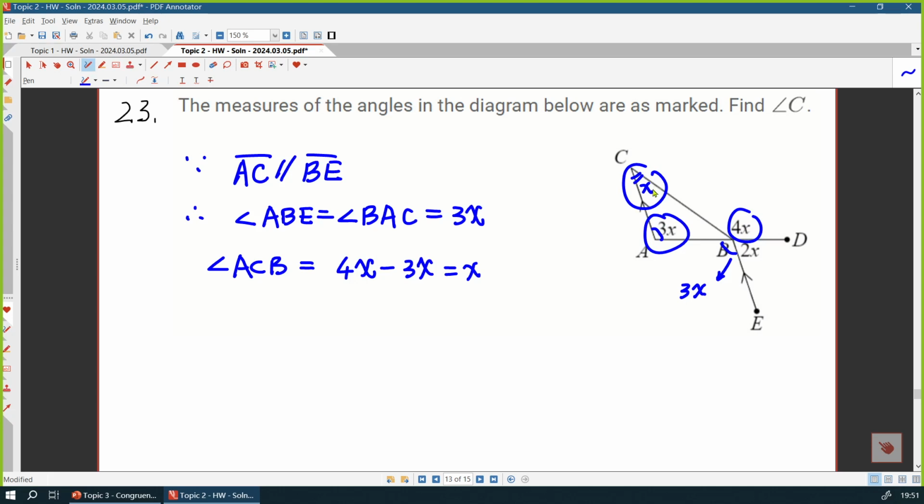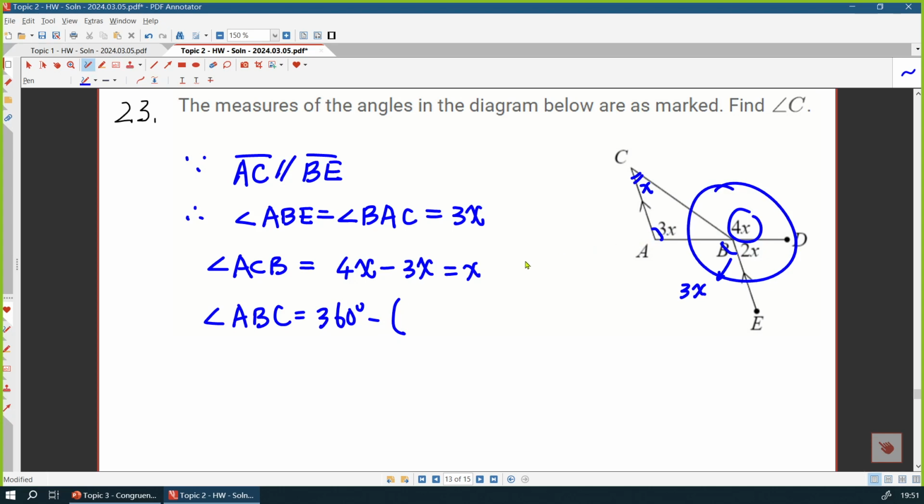So 4x equals x plus 3x, right? So we immediately know that angle C, or angle ACB, equals x, and angle ABC equals 360 degrees minus 4x minus 2x plus 2x plus 3x, which is 360 degrees minus 9x.